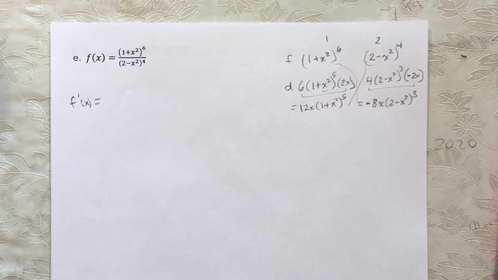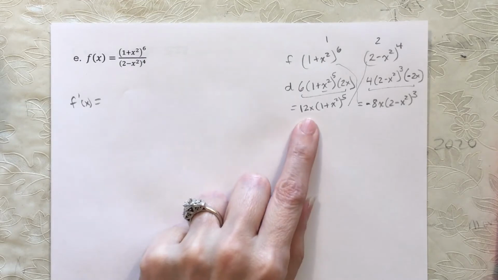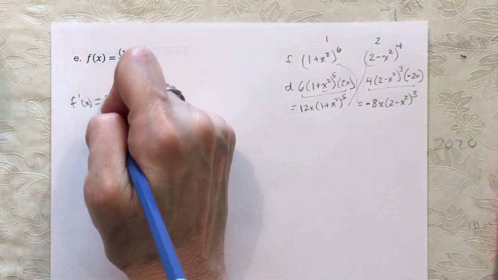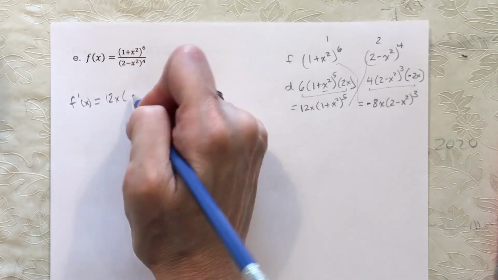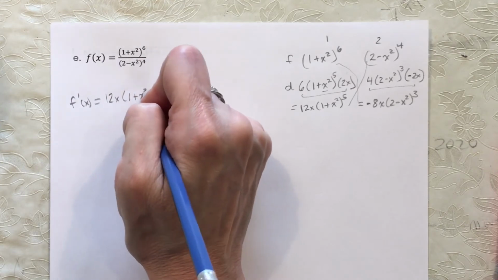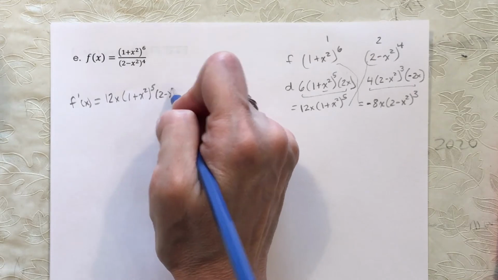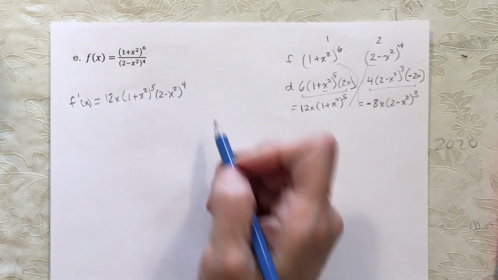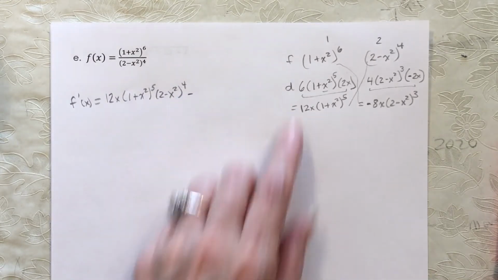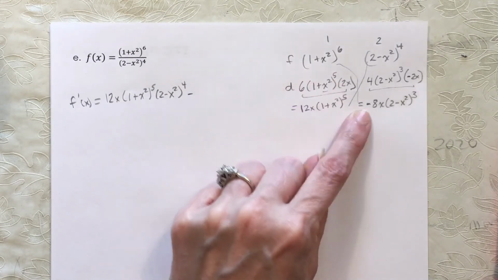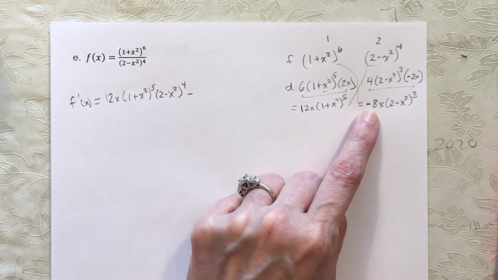So derivative of the first times the second, monomial term first. Then there's a minus in the quotient rule, minus the first times the derivative of the second. But you can see that the derivative of the second also has a negative in it in the monomial part.